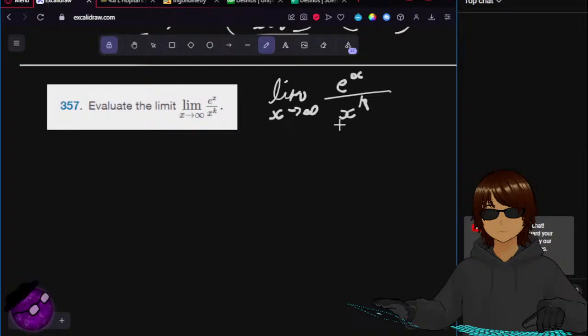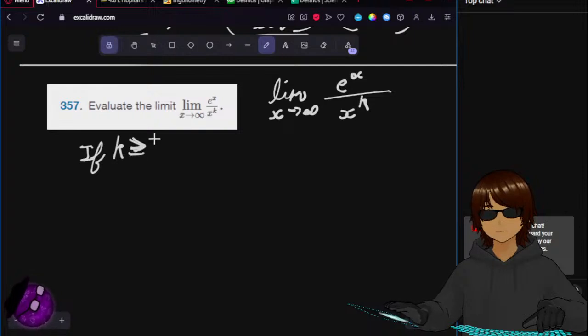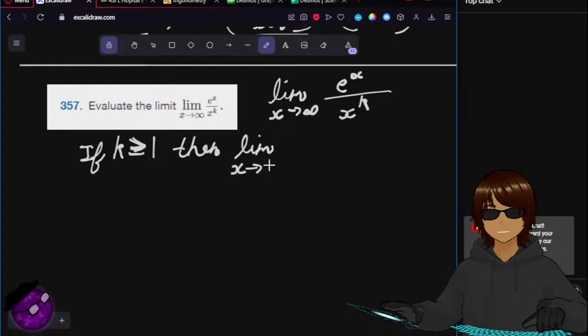So this goes to infinity, but that depends on what case. If k is equal to or more than 1, then the limit is infinity.